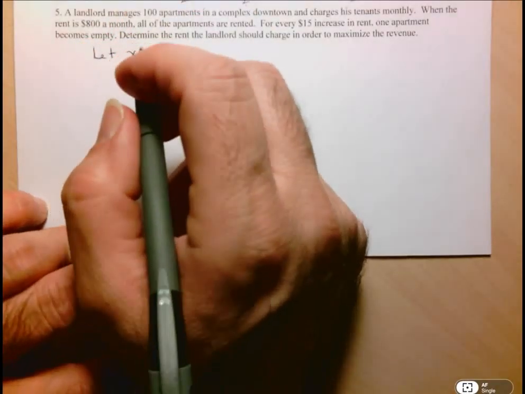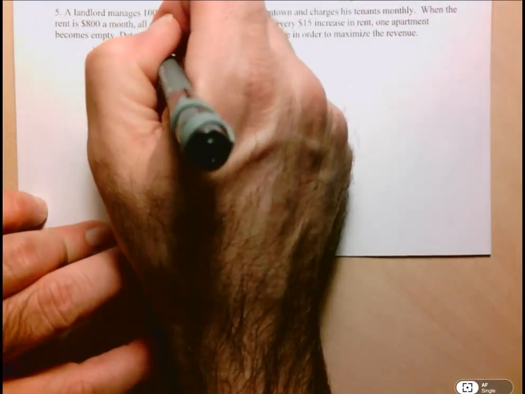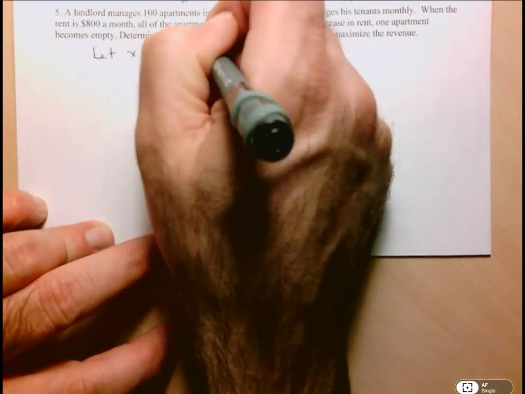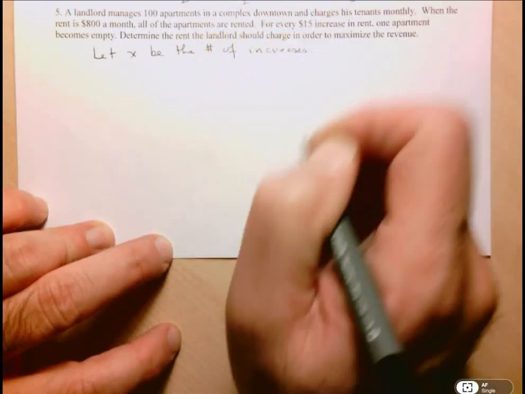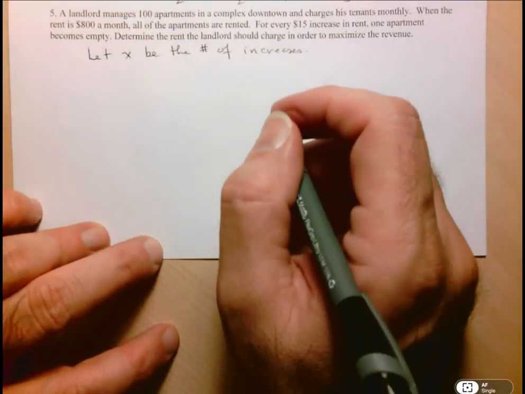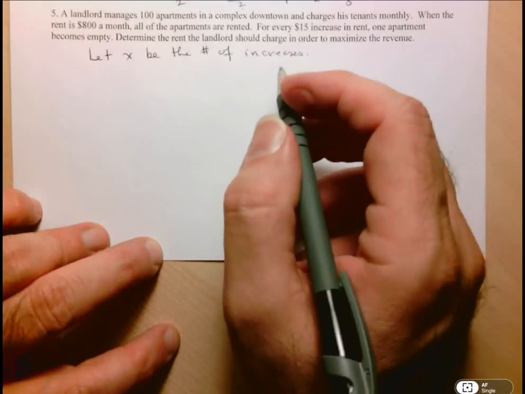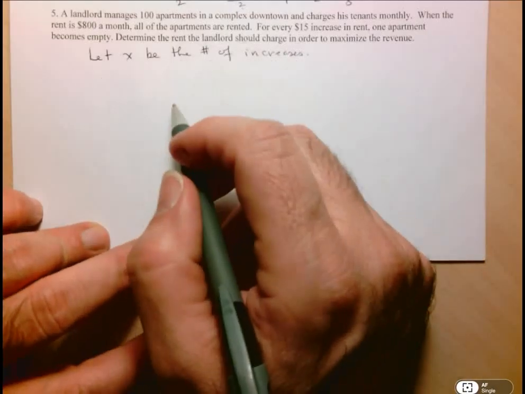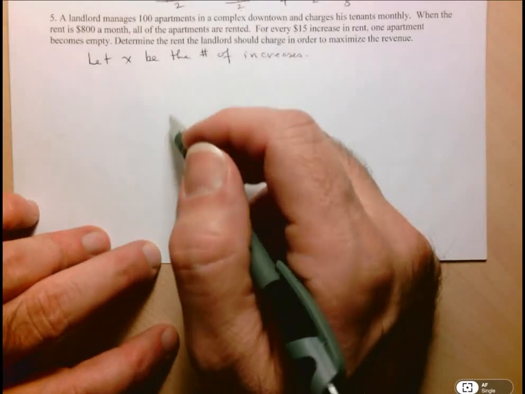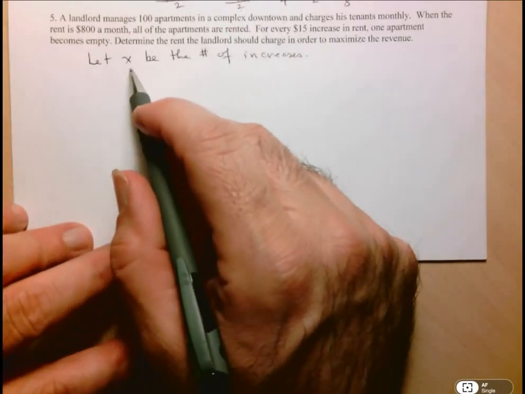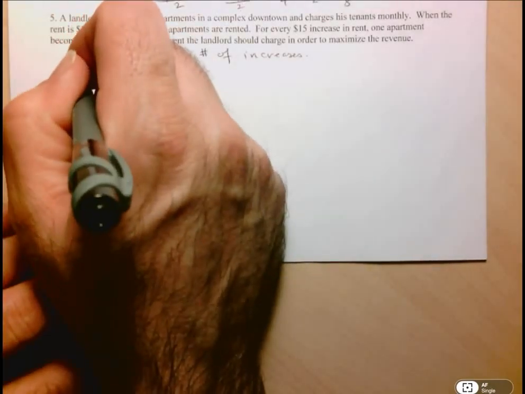So not the amount of the increase, but the number of increases. Had the question been talking about price decreases, I probably would let x be the number of price decreases.